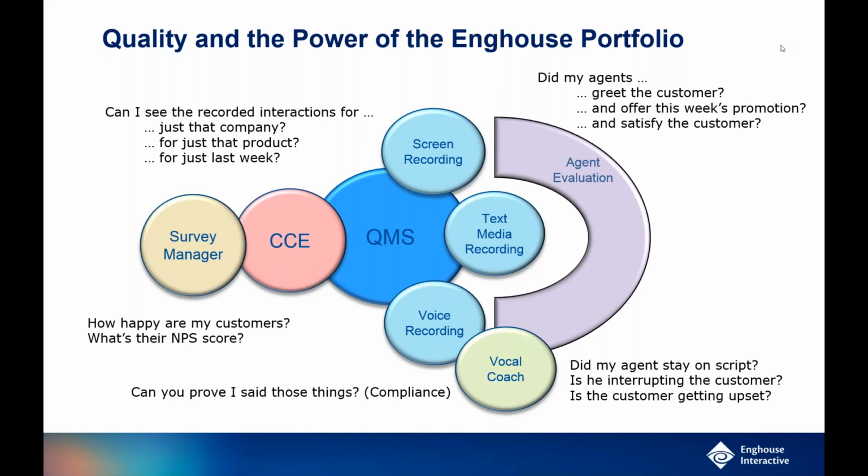And then I can do some of what we call soft evaluations, like measure the interruption rate. Were agents interrupting the customer when the customer tried to speak? What was the stress level of the customer? Were they getting upset? Was the agent speaking clearly or loudly enough? There are lots of these kinds of metrics that we can measure as soft evaluations and apply those to your recorded or real-time conversations and feed back to both the agent and the manager some of these more sophisticated metrics.